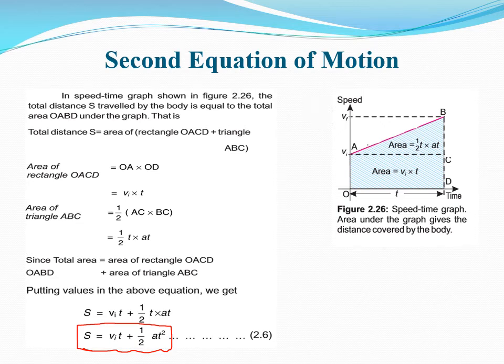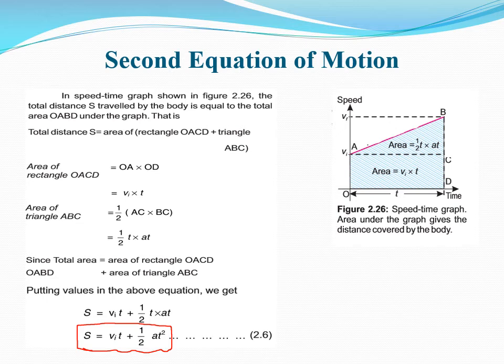equation of motion. And you can easily observe that this second equation of motion relates the distance covered by a body with its initial velocity, time to cover that distance, acceleration, and again square of the time.